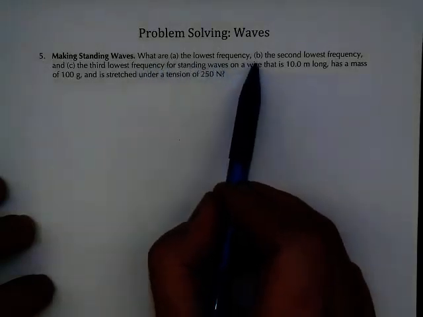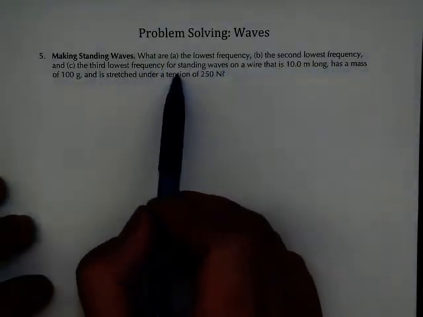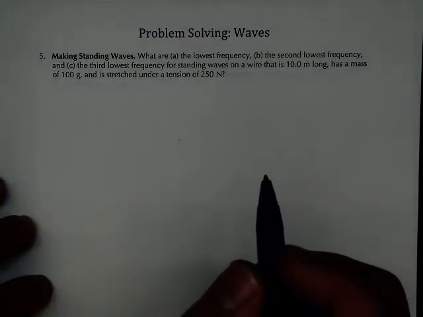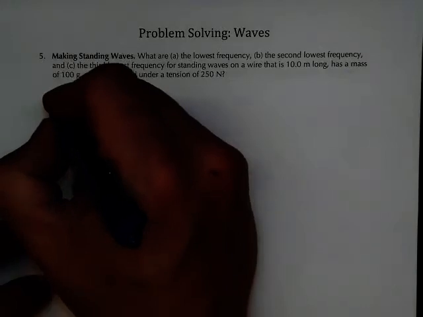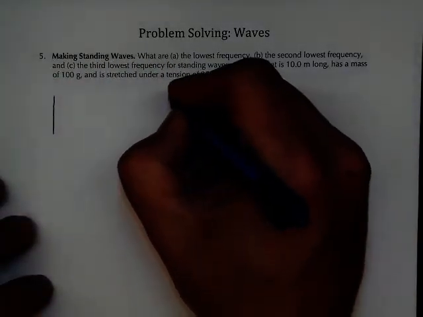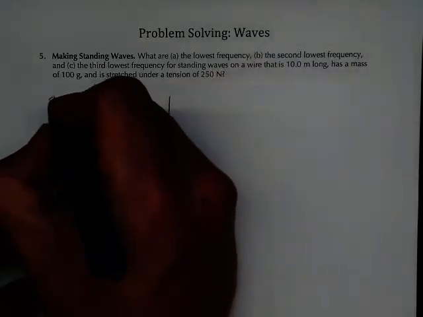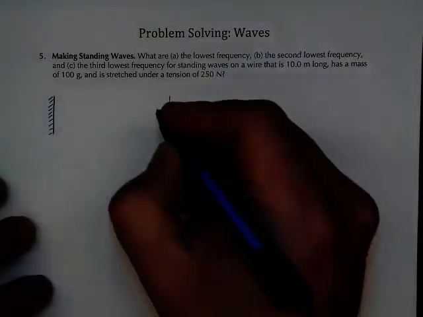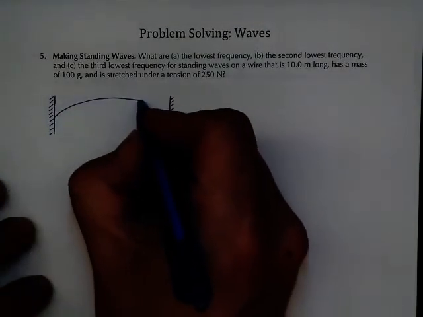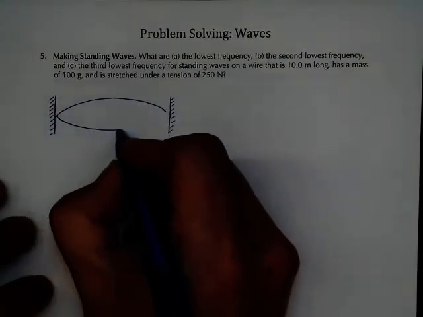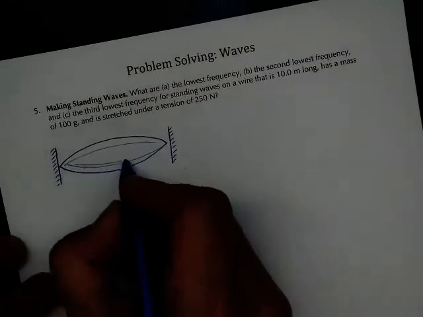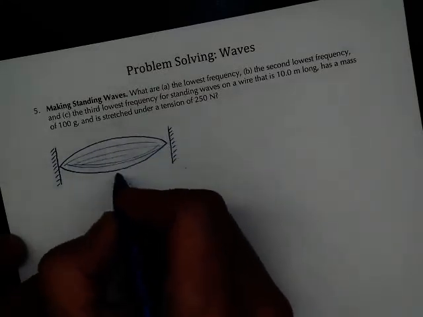We're asked what are the lowest frequency, the second lowest frequency, and the third lowest frequency for standing waves on a wire that's 10 meters long, has a mass of 100 grams, and is stretched under a tension of 250 newtons. So I'm just going to make a little sketch. So if I have this string, the lowest frequency is when the string is vibrating back and forth in this fashion.